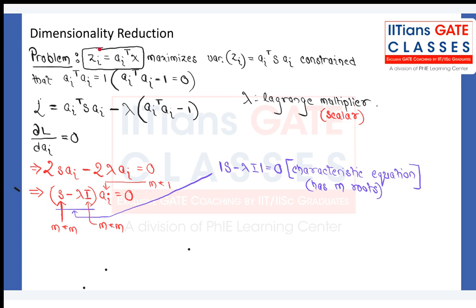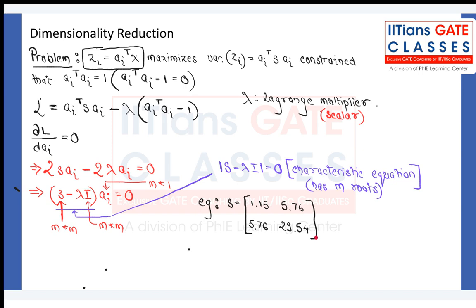What is your S here? S is your covariance matrix. I'm just giving you a small homework kind of thing for you to practice. Take this as a covariance matrix: 1.15, 5.76, 5.76, 29.54. It's not a correlation matrix, so don't ask me why it is not 1.